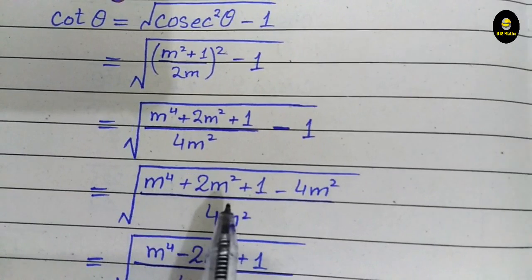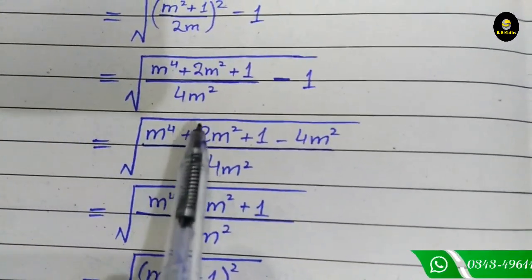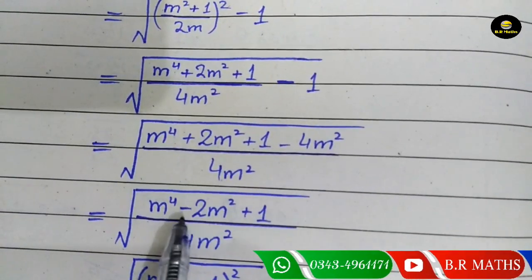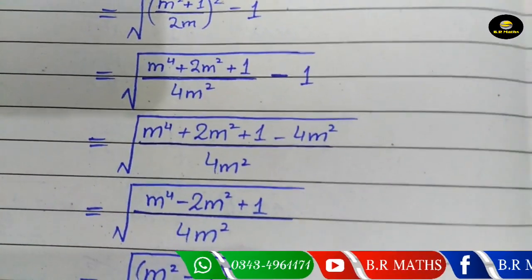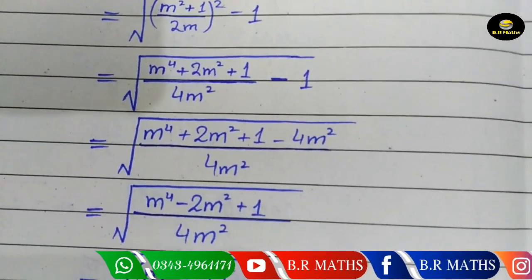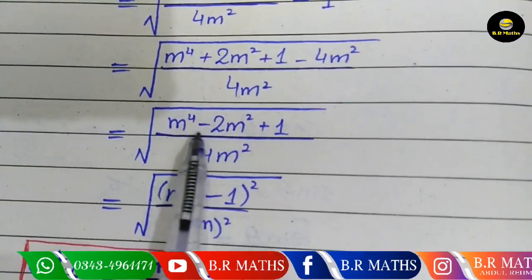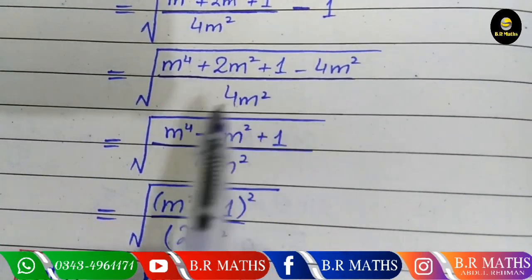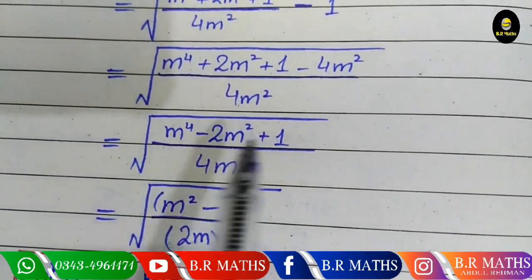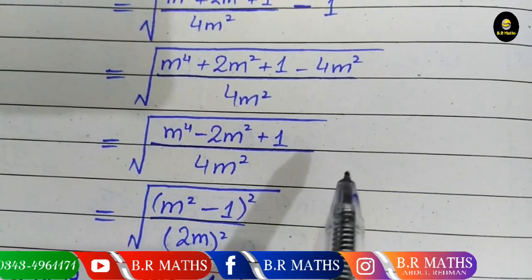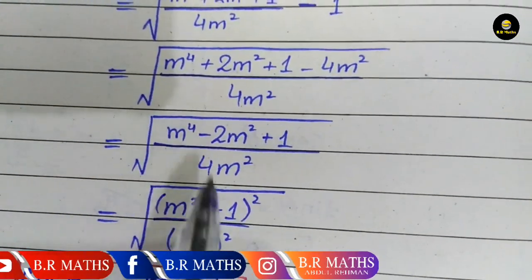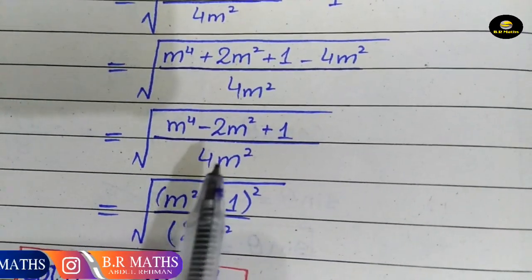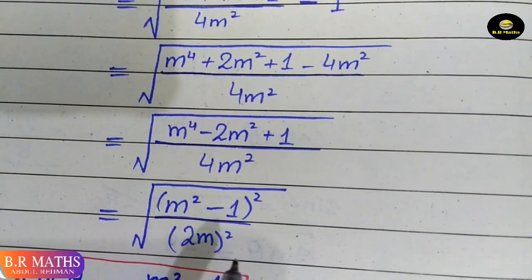So take the LCM and after calculation it becomes m to the 4, plus 2m square minus 4m square, becomes minus 2m square plus 1, divided by 4m square. And the numerator m to the 4 minus 2m square plus 1 becomes a whole square formula. A square minus 2ab plus b square means a minus b whole square, which is equal to m square minus 1 whole square, and divided by 4m square becomes 2m whole square.